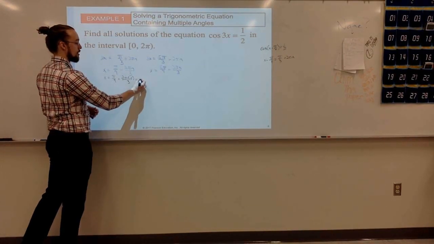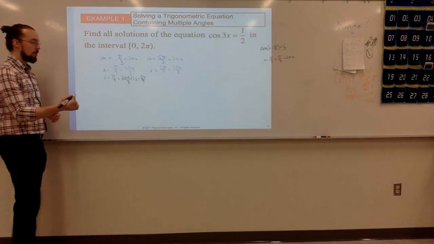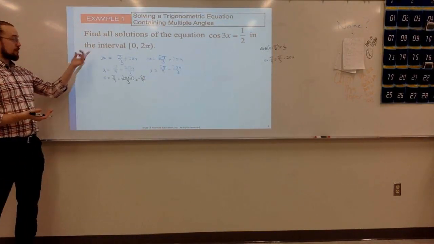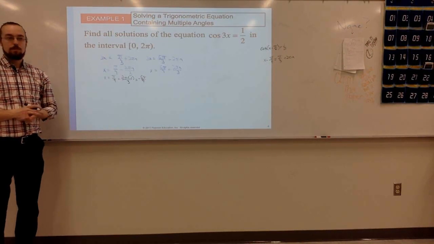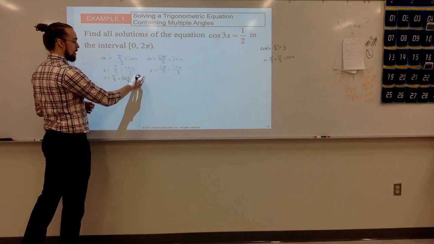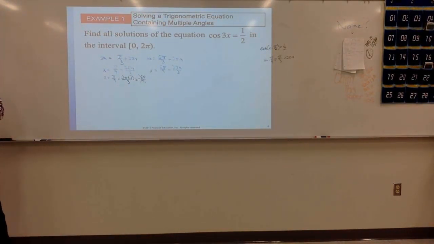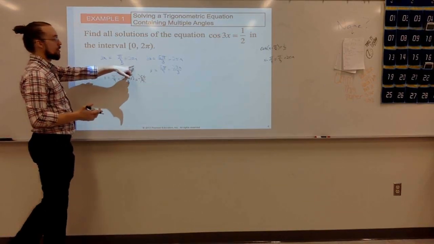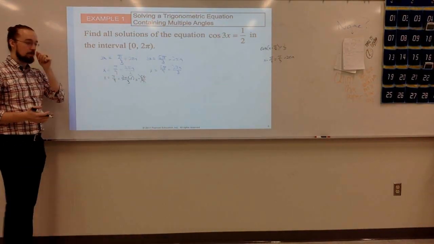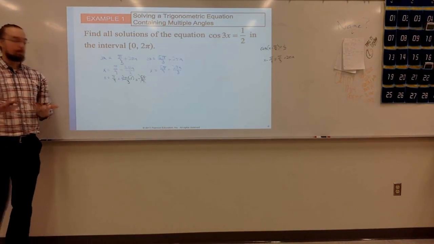So that would end up being -5 pi over 9, which is not in between 0 and 2 pi. So -1 would not get us an answer. This would not be an accurate result. But we want to start with a negative value whenever we're plugging these in, just to get a base. And we're going to start plugging in values greater than that.